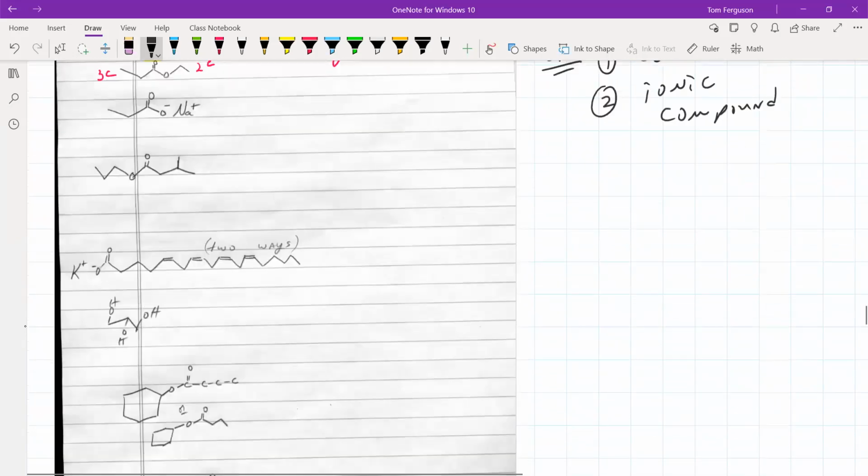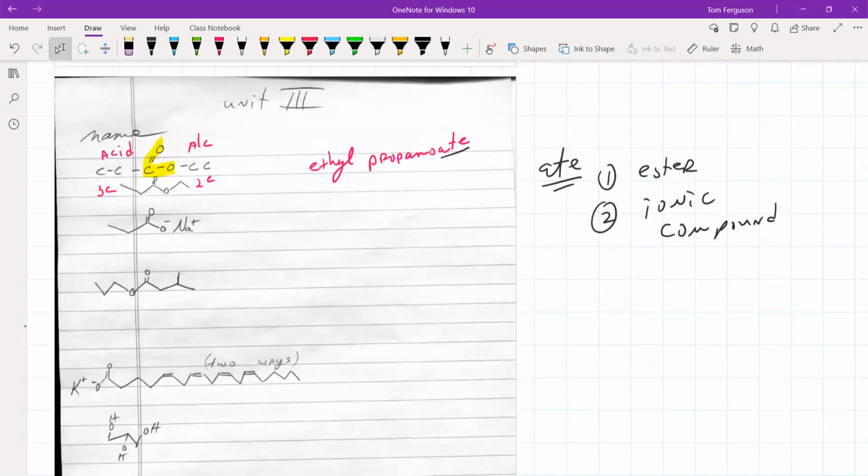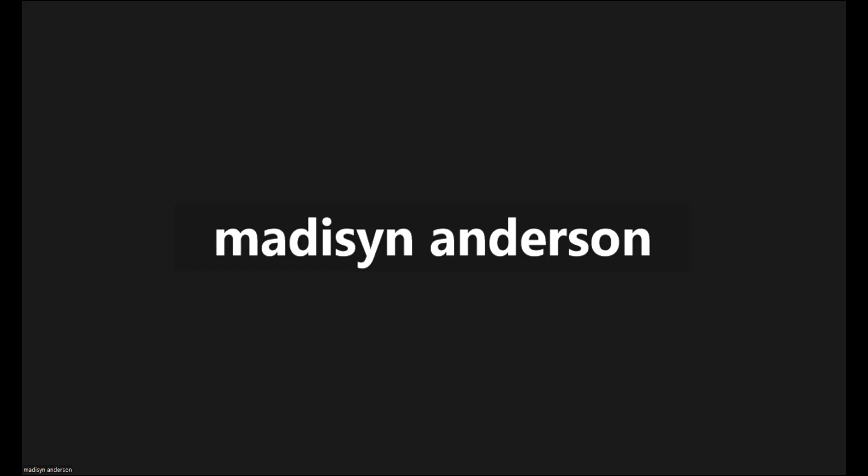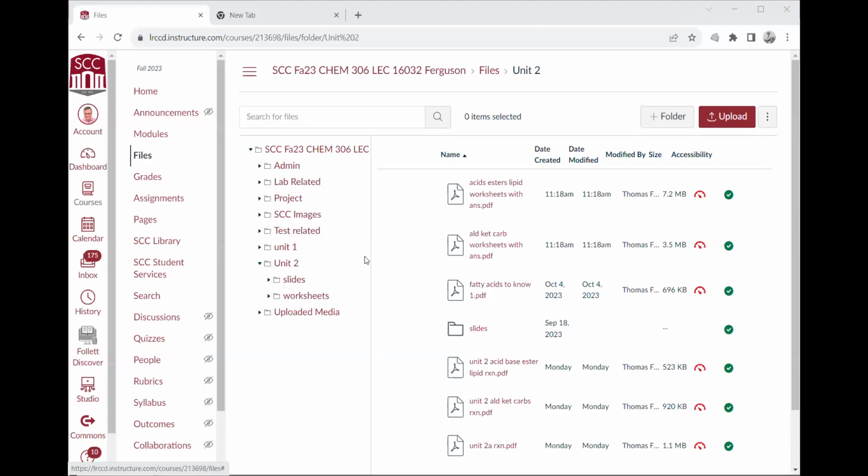What is this worksheet under? Is it under tests or worksheets or where? I can't find it. Under files, unit 2.